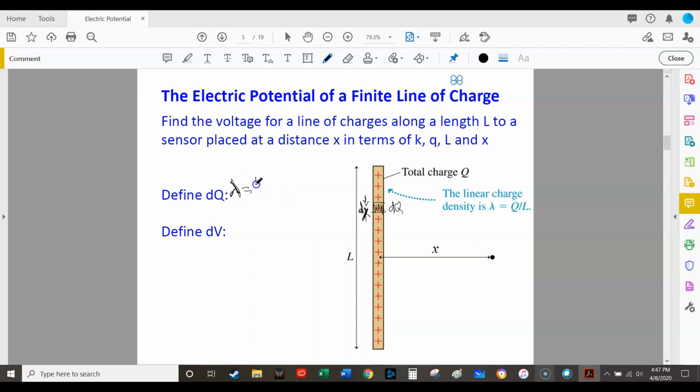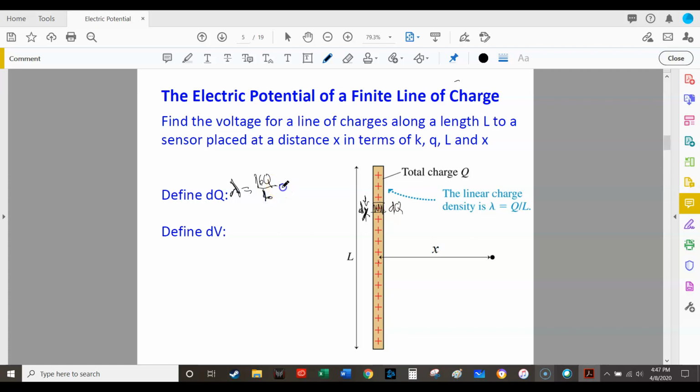We have 16 Qs built up. And let me change that, make it a better looking Q. We have 16 Qs built up along that length L.